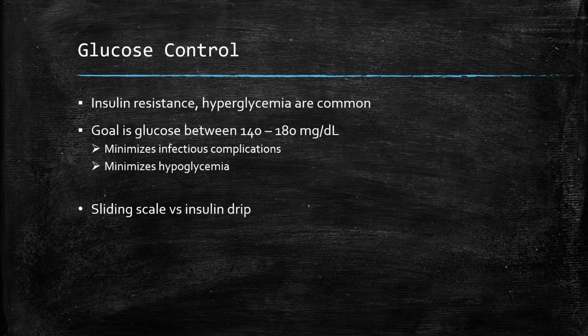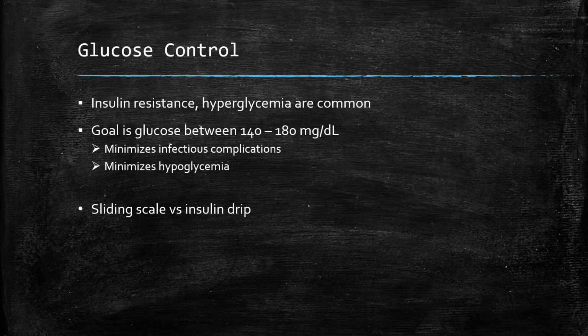Glucose control is an important part of the management of septic patients, since insulin resistance and hyperglycemia are common. The goal is to keep the glucose level between 140 and 180 milligrams per deciliter. At this level of control, we minimize infectious complications, but as importantly, we minimize the complications from hypoglycemia as well.